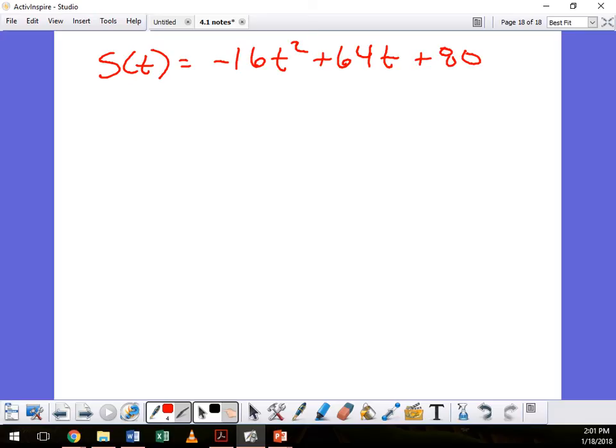The height, the position, that's what this is, the position function. When does the position equal 0? So I take this and replace s of t with 0. So 0 equals negative 16 t squared plus 64 t plus 80.